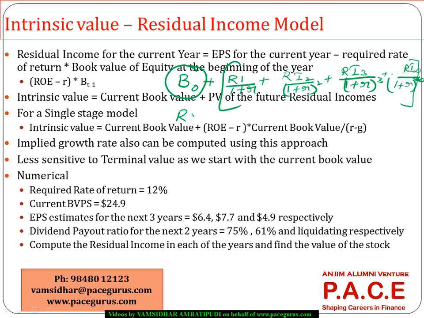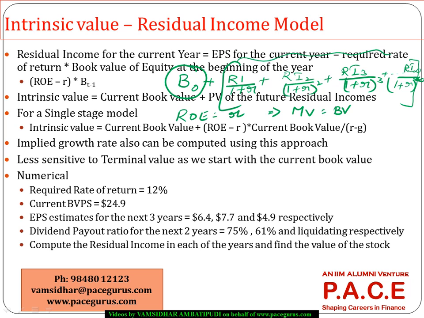If ROE is equal to R, the market value will be equal to book value only, meaning all these things will become zero. The market value should be equal to book value itself. Now that ROE is greater than the investor's expectation, in the future some additional benefit is going to be generated. That's the reason I am trying to purchase the share at a premium.